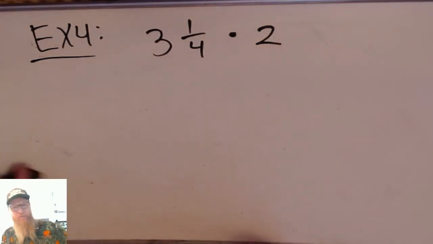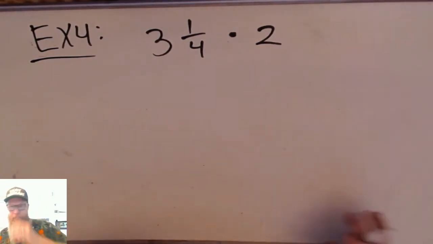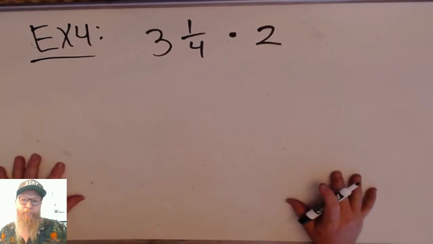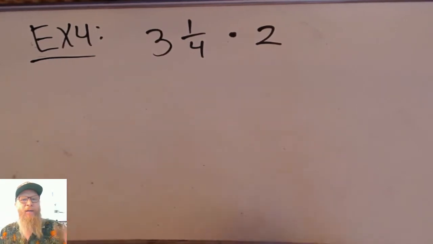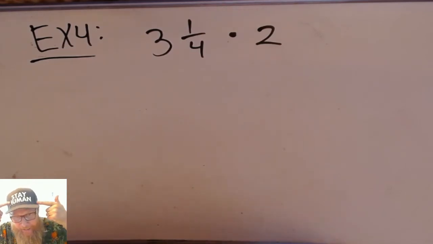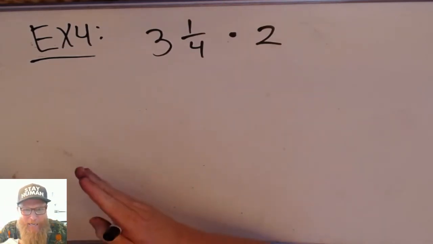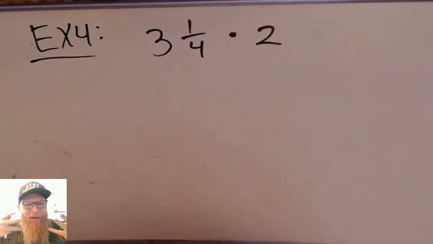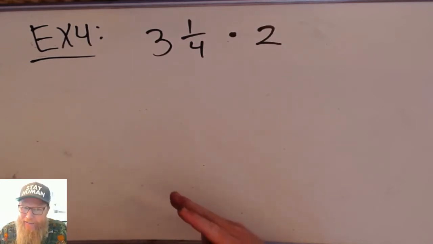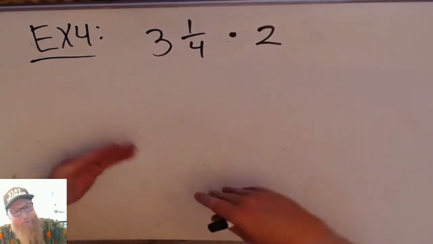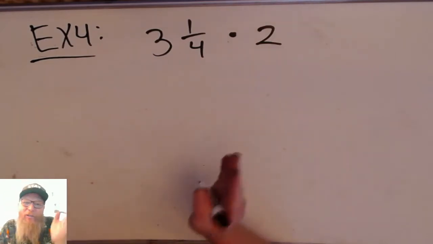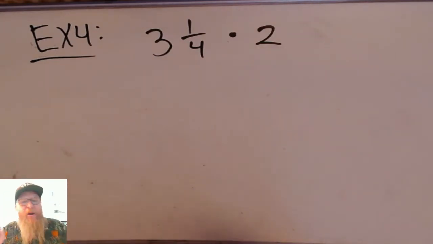3 1/4 times 2. By the way, I don't want to ever rob you of your humanity, okay? You are a human being, so I want you to think. Sometimes algebra and arithmetic are very mechanical and you're just sort of acting like a machine that's following a bunch of steps.